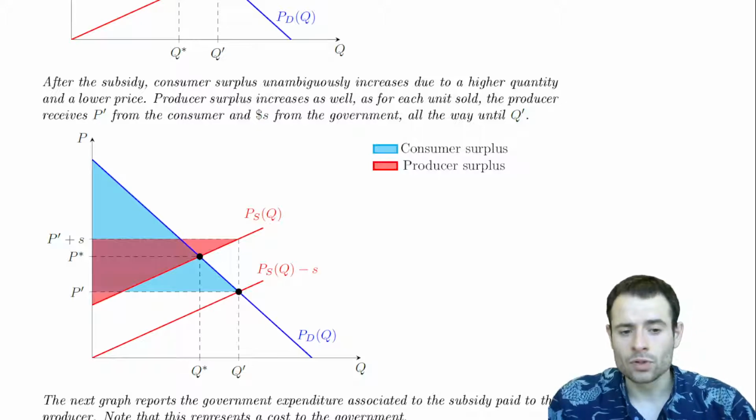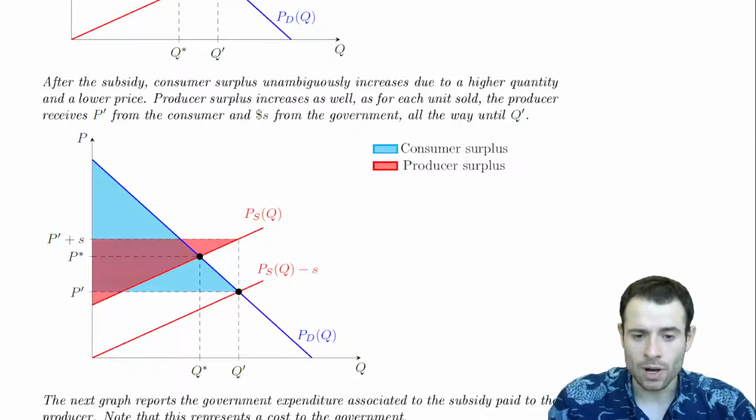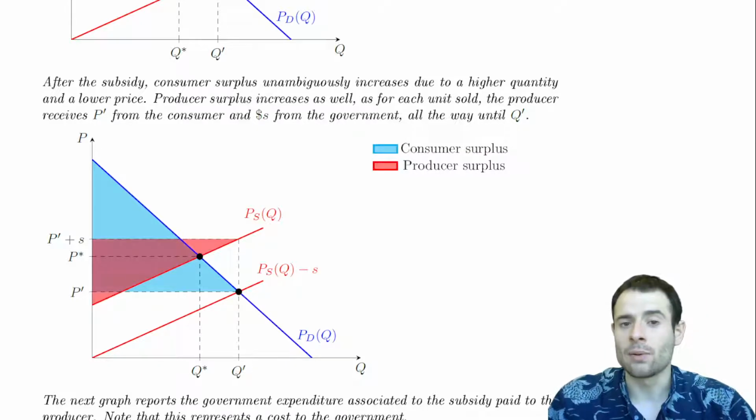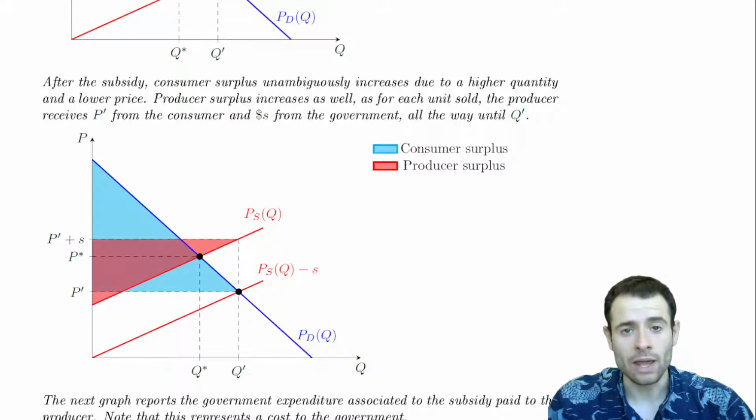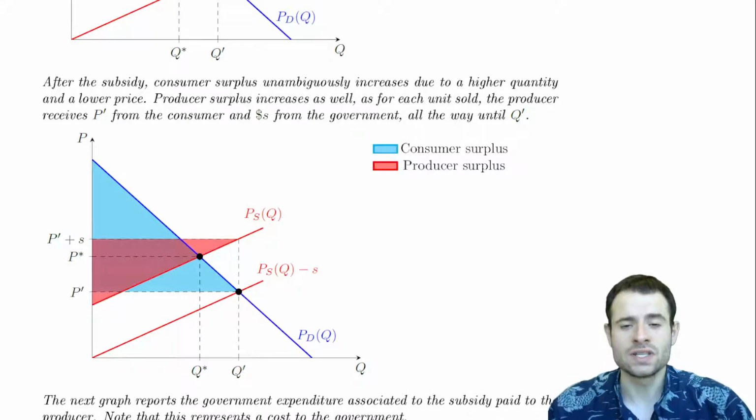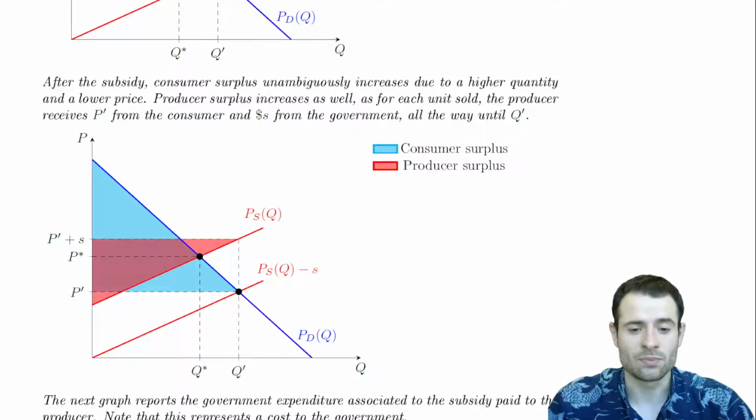Then producers are going to perceive an amount not equal to P prime, but rather an amount P prime plus S. P prime is the price that consumers are going to pay, and firms are going to receive a subsidy S on top of this price P prime.